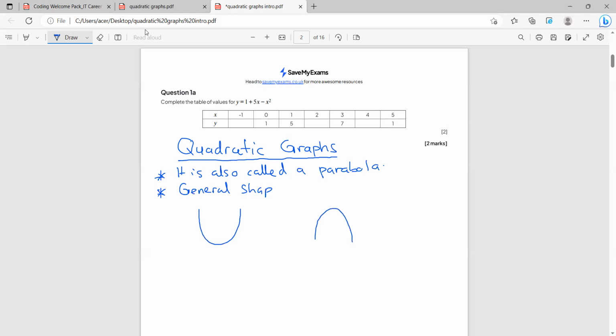So whenever you are trying to draw a quadratic graph, make sure you expect a shape like this. Some call it a smiley face and some call it a sad face. Some call this one a valley and the other a mountain, isn't it? So whenever you are dealing with quadratic graphs, you must know that you should encounter these types of shapes.